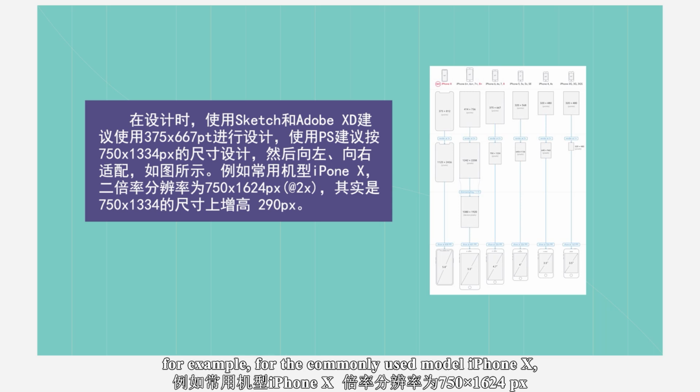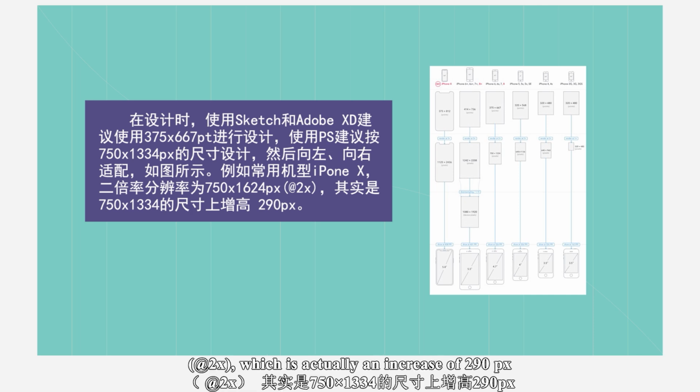For example, for the commonly used model iPhone X, the magnification resolution is 750 multiplied by 1624 px at 2x, which is actually an increase of 290 px on the size of 750 multiplied by 1334 px.